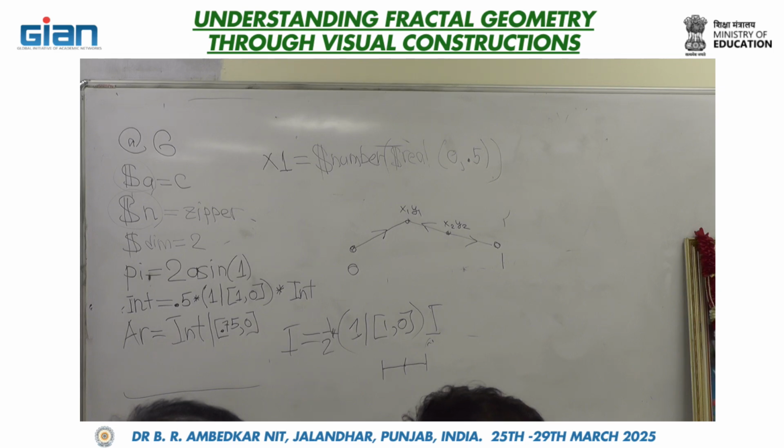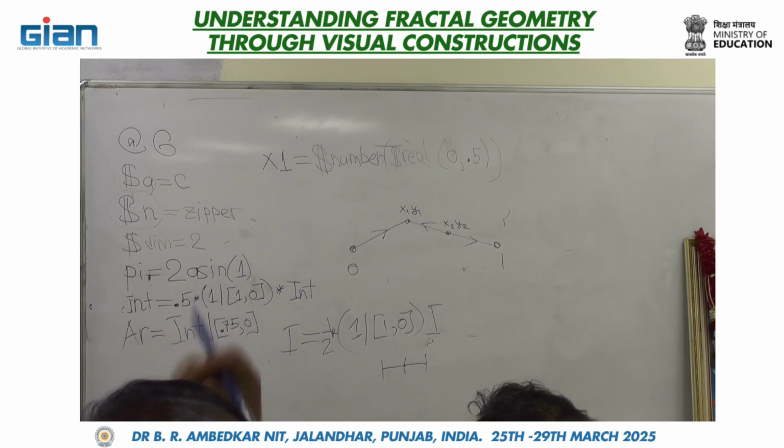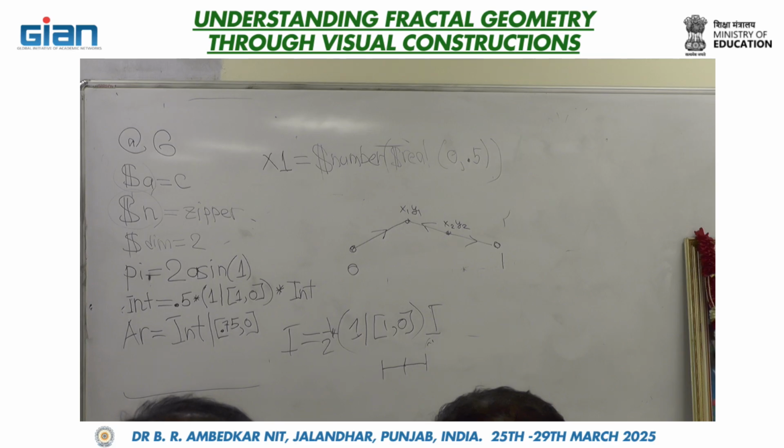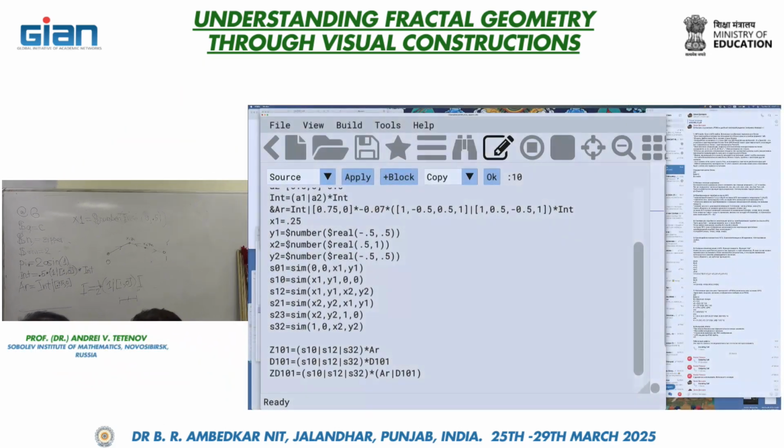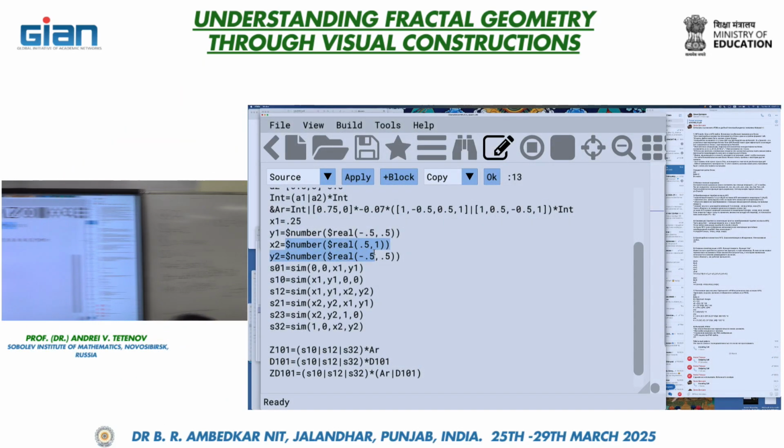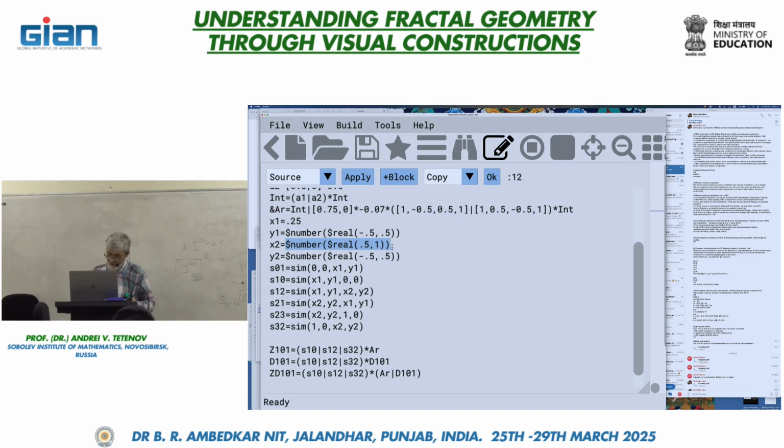For example, I can change the number so that this zipper becomes more humane inside in its vision. So suppose I delete this and take this 0.5. Oh, no, 0.25. I take x2 0.75, right?